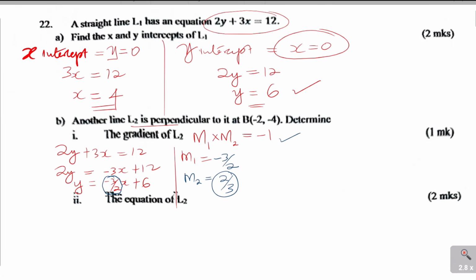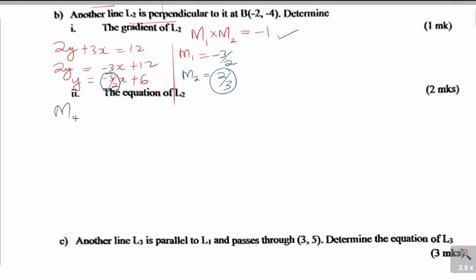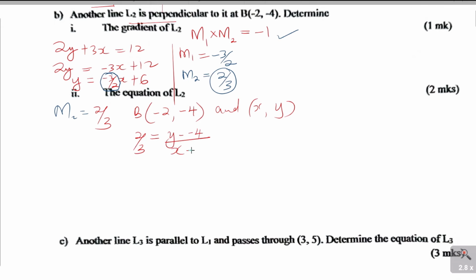Part 2, the equation of L2. Now that we have the gradient of L2 as 2/3, and it passes through point B, which is -2, -4, we need to use this gradient and that point to get the equation of that line. We can introduce another general point on that line, (x, y), and use it with point B to get the gradient. The gradient, 2/3, is given by the change in y, y subtract -4, divided by the change in x, x subtract -2.